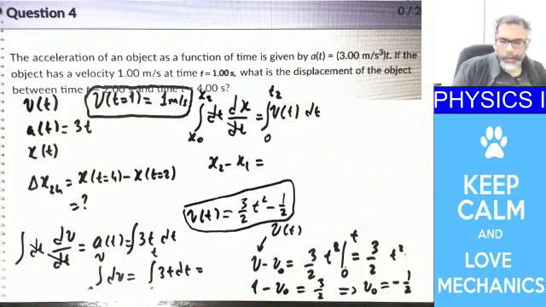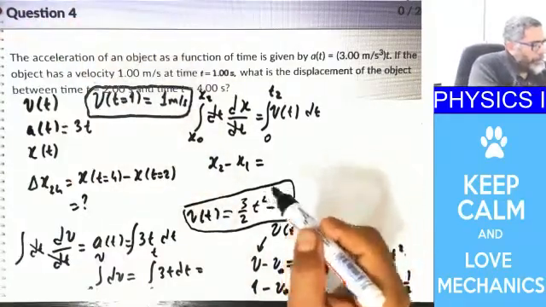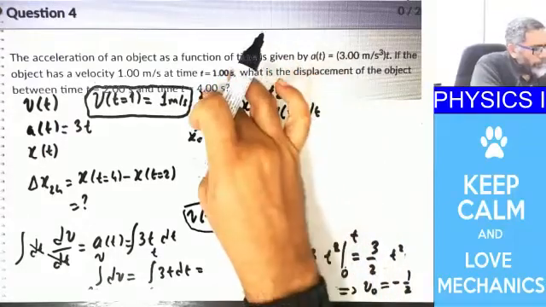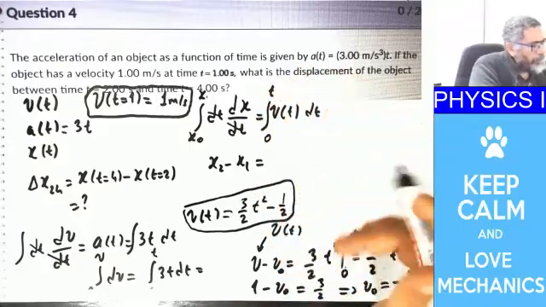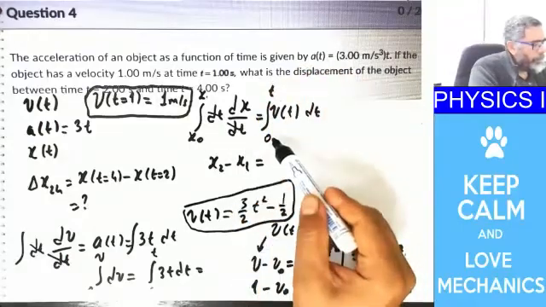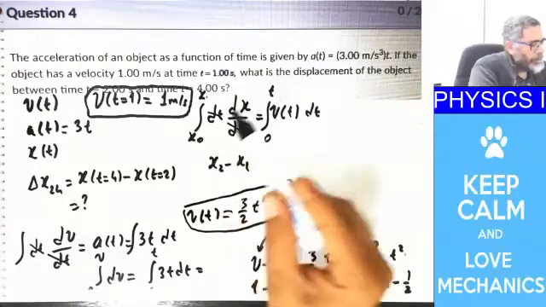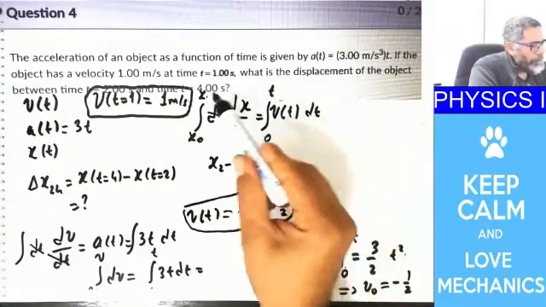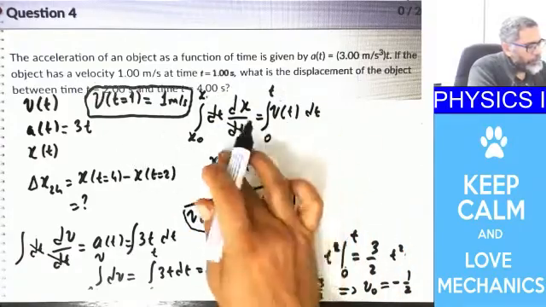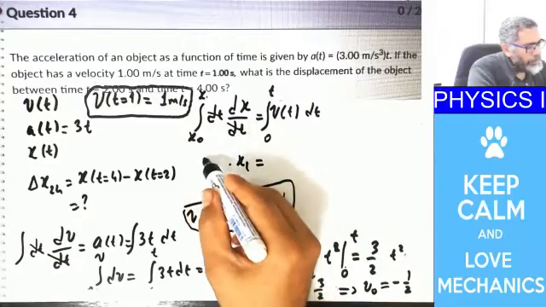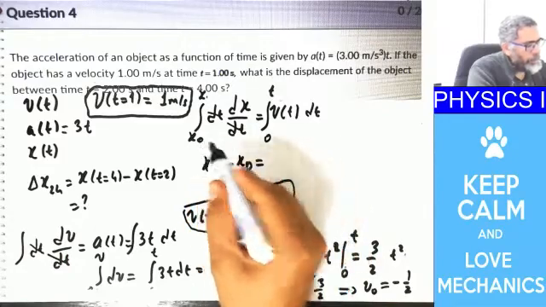Okay, so what you do is just drop this x2 and just drop this t, where at time t is equal to 0, this is the integration constant x0, at time t, and this is x of t. So over here we have x of t minus this integration constant x0.